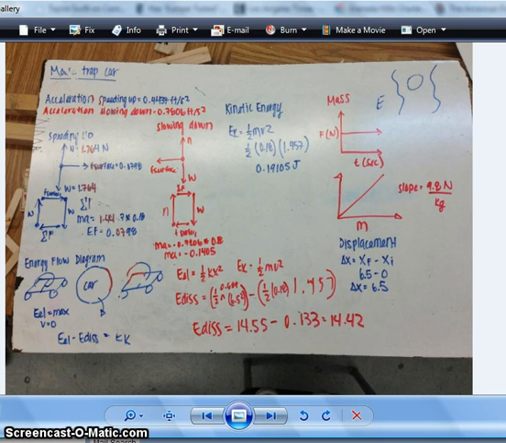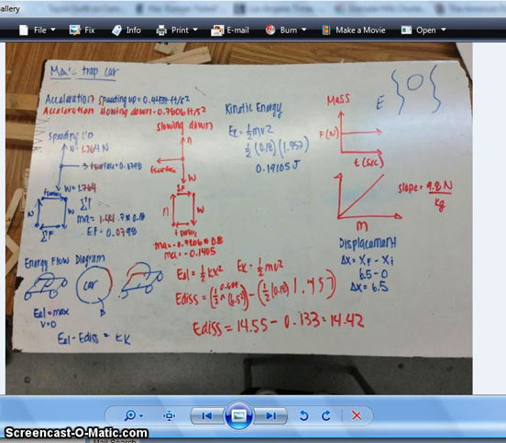For our energy flow diagram on the bottom left corner, we have our mousetrap car at its initial position, starting at rest at 0. So our E elastic is at its max, and our velocity equals 0.